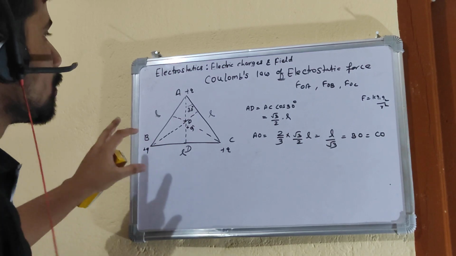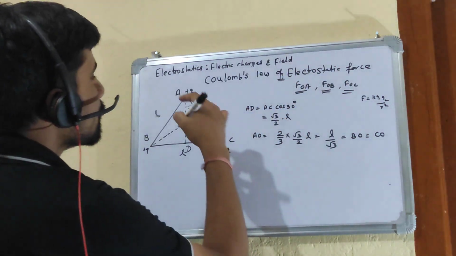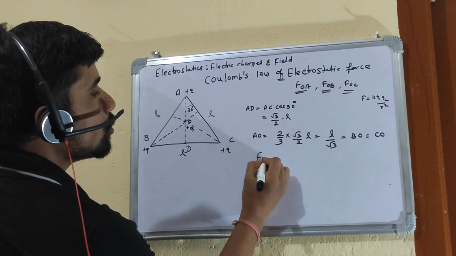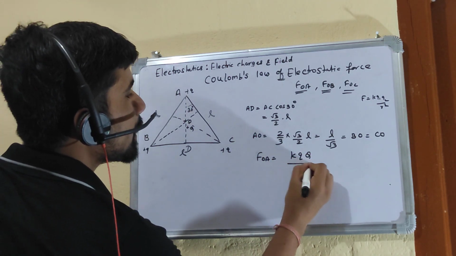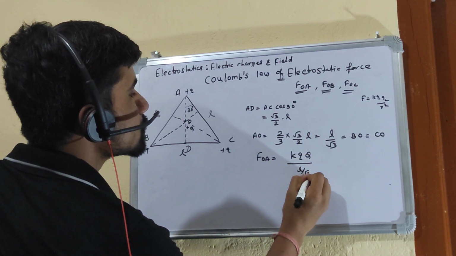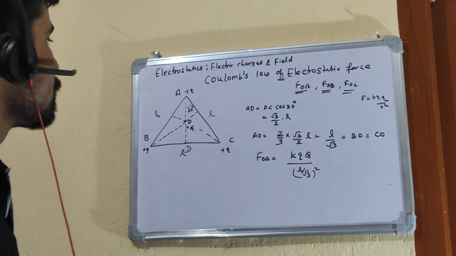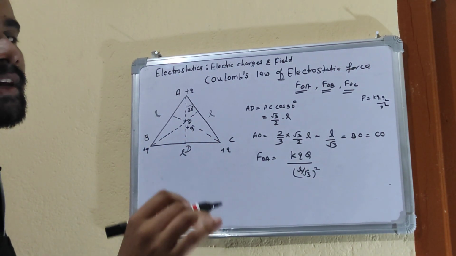Now I can tell the magnitude of forces from A to O, B to O, and C to O. F on O due to A will be K Q Q by (L by root 3) square, right? But is this enough? We need to have a direction as well. Since all charges are positive, they will exert a repulsive force.